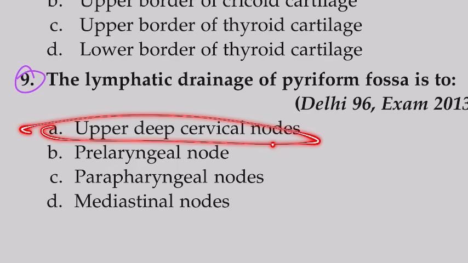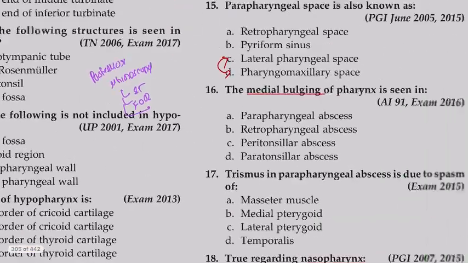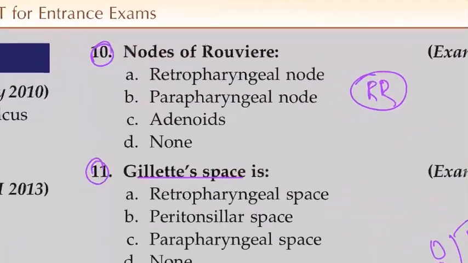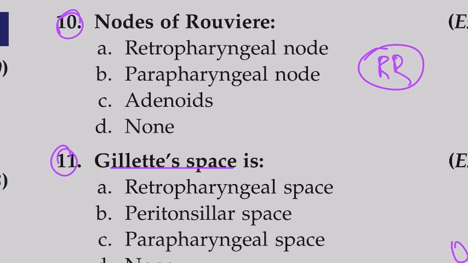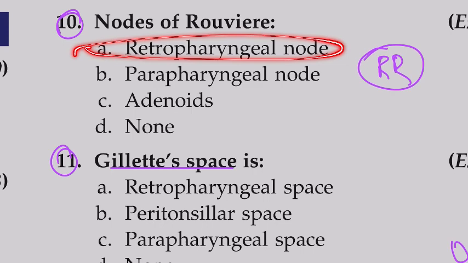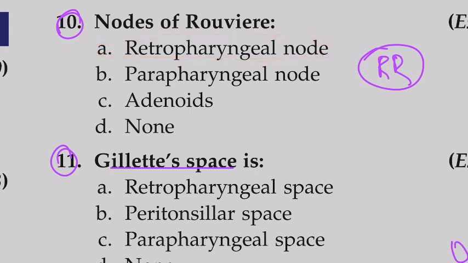Now moving to our next question. The node of Rouviere is a lymph node present in the retropharyngeal space of Gillette. Gillette space is the retropharyngeal space.